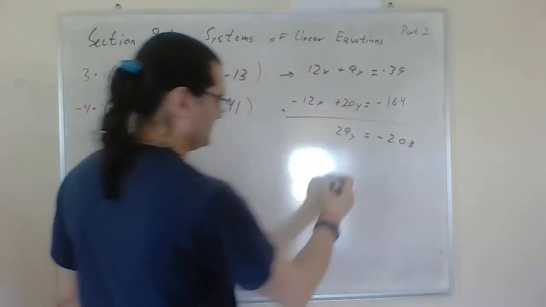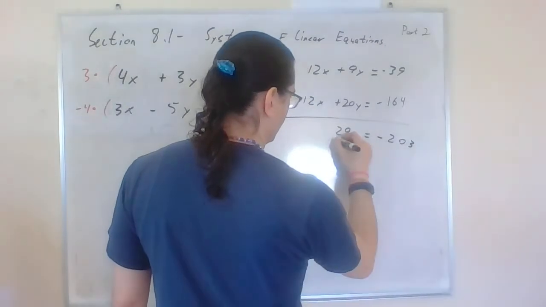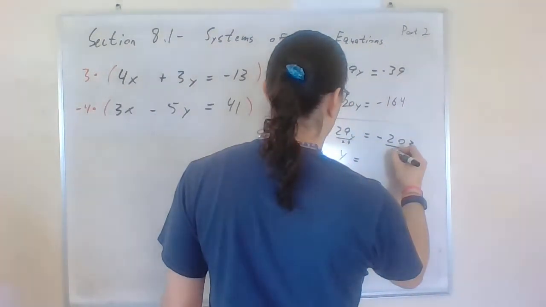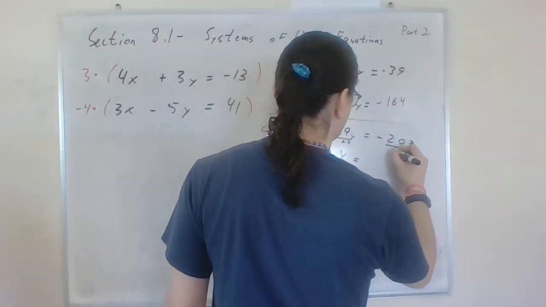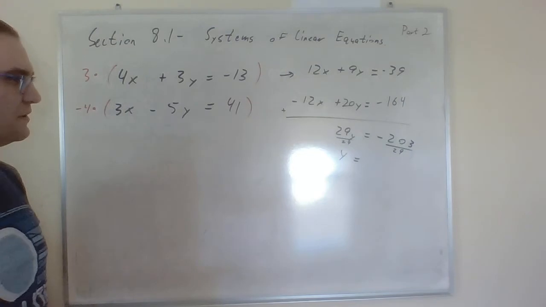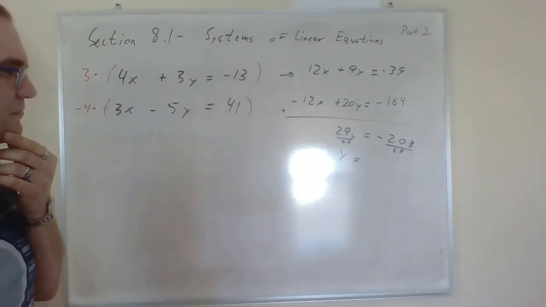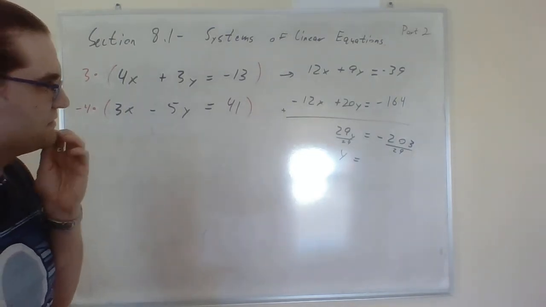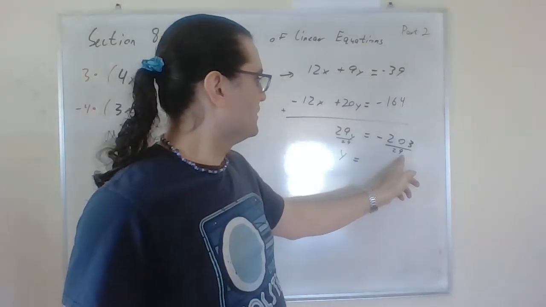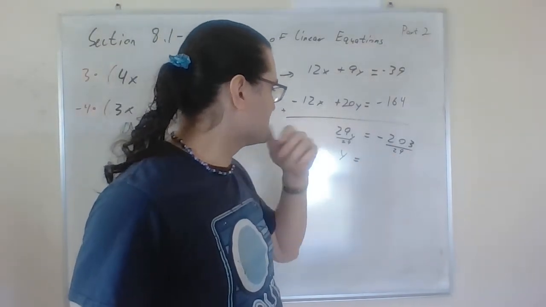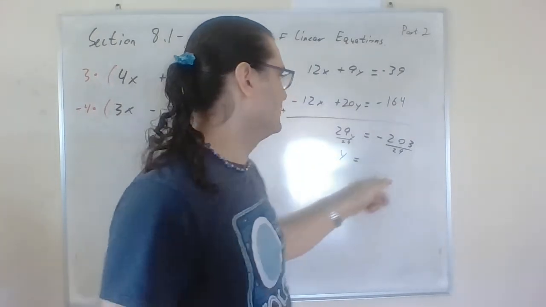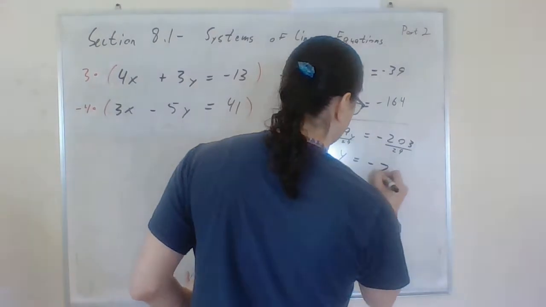And I'm guessing that -203 divided by 29 is not a horrifying number. It kind of looks like it should be horrifying, but that's probably like 7, because this is about 30. Yeah, I think this is 7. So 7 times 29 is going to be 140 and 63. Yeah, okay. So y is -7.